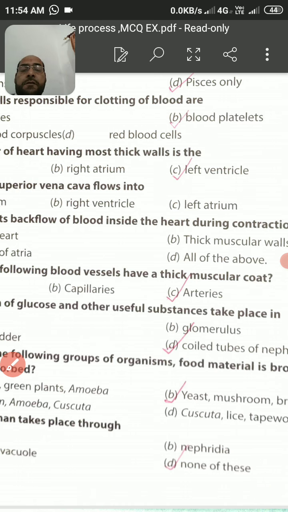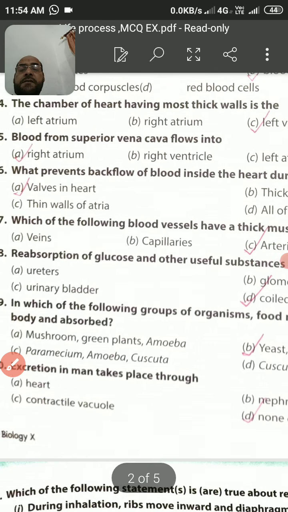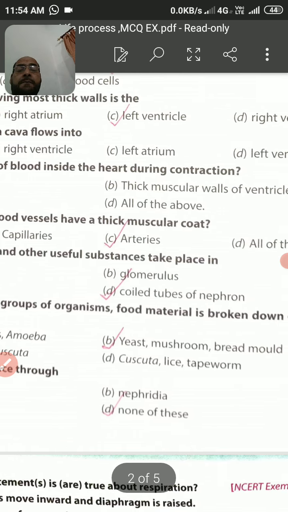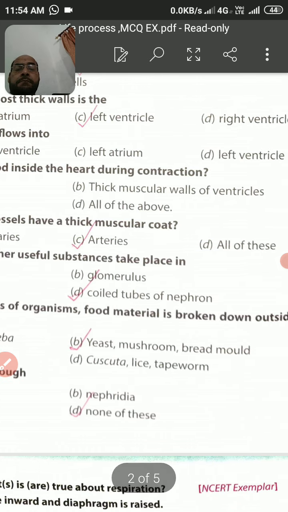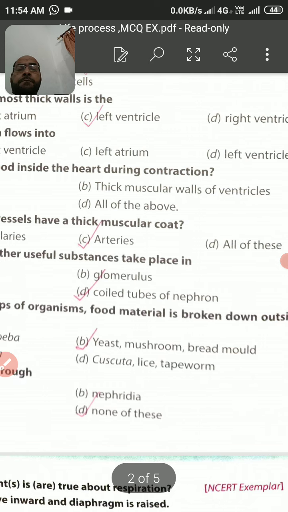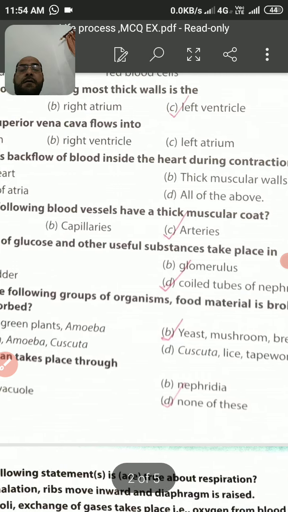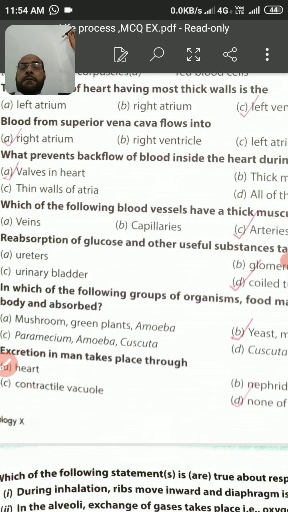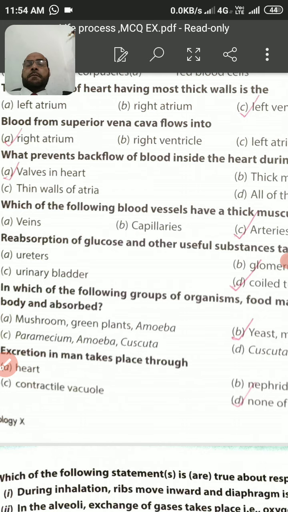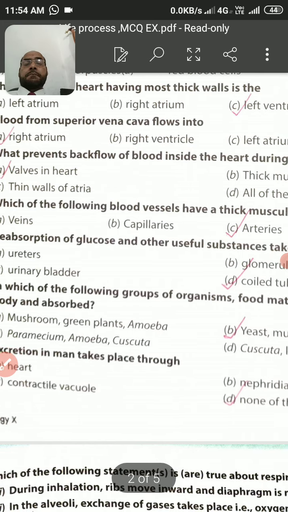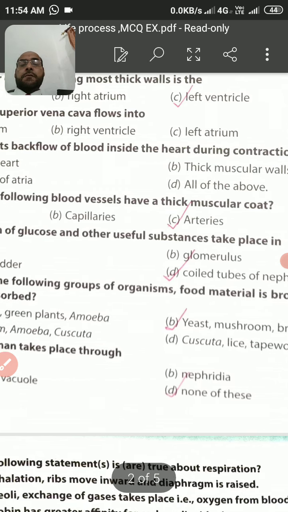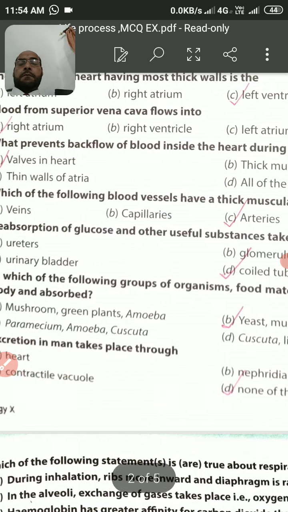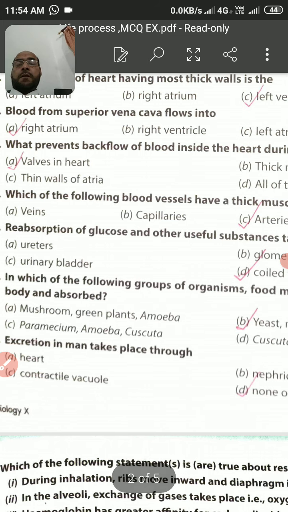Dear students, come to the next question, that is 16. What prevents backflow of the blood inside the heart during contraction? So when the heart gets contracted, the valve of the heart, the thick muscular valve of the ventricle, no. So the answer will be the valve of the heart.